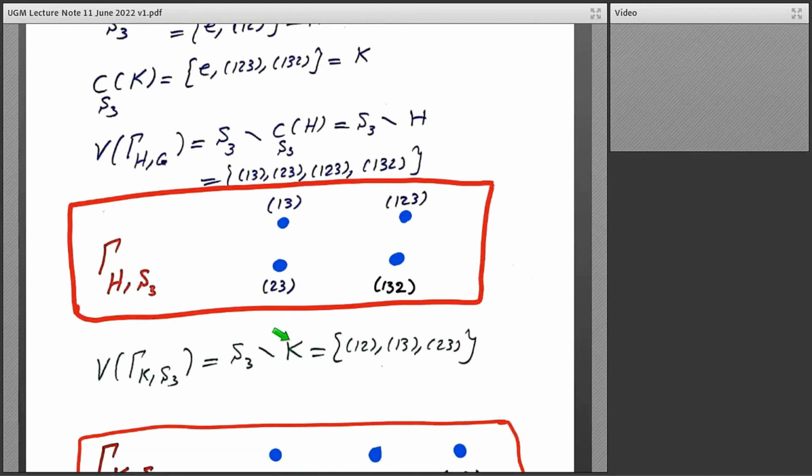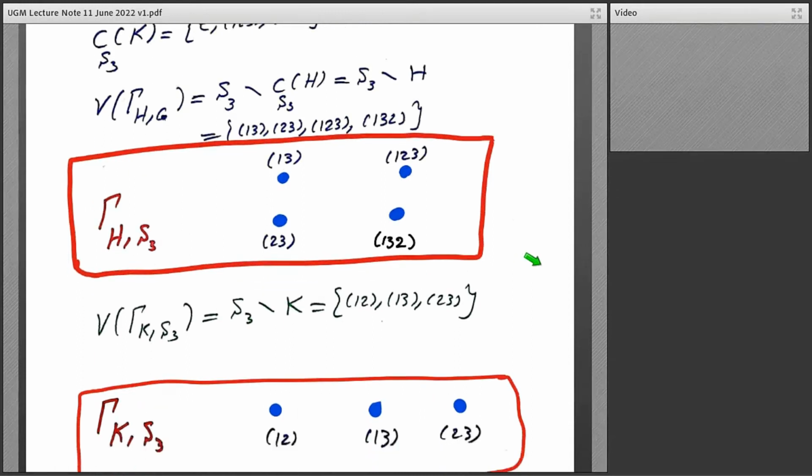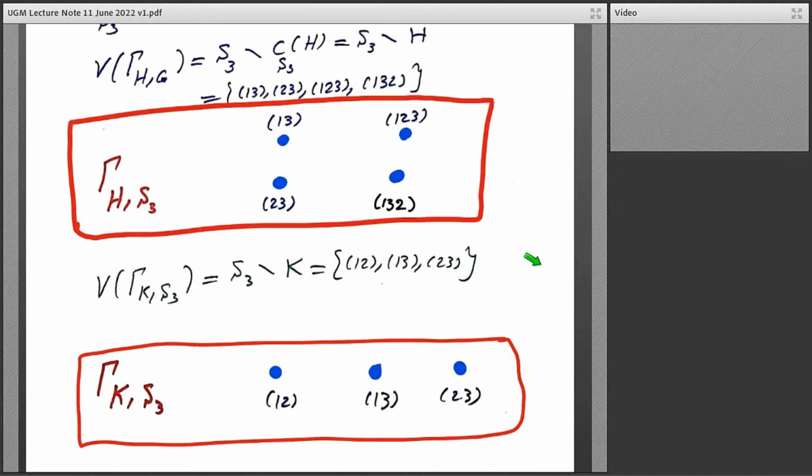And similarly, we don't have any edge between (1 3) and (1 2 3), (2 3) and (1 2 3), (1 3 2), and so on. So we have 4 isolated vertices here.